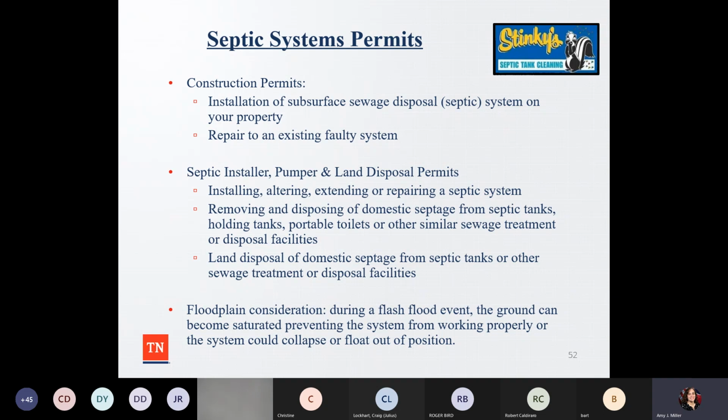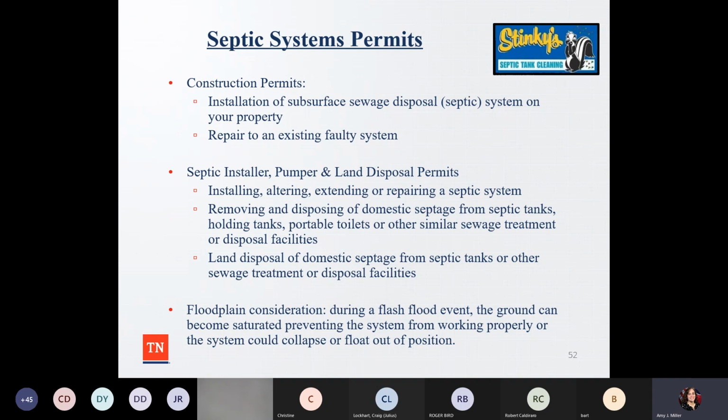So if you're installing, altering, extending, or repairing a septic system, or if you're removing and disposing of domestic septage from septic tanks, holding tanks, portable toilets, or other similar sewage treatment or disposal facilities, or if there's land disposal, domestic septage from septic tanks or other sewage treatment or disposal facilities. So again, you want to think about when there's septic systems, making sure you get a permit.